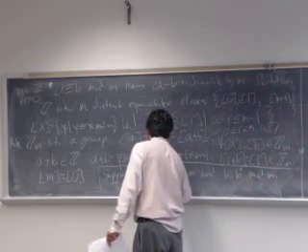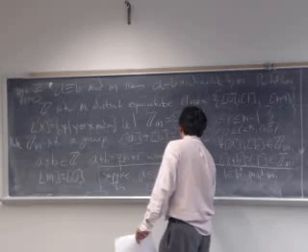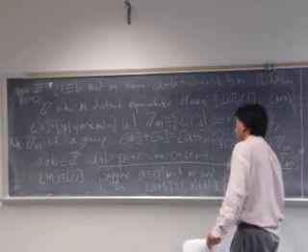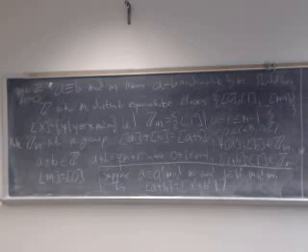So we'd have to see, is A plus B the same as A prime plus B prime? That's the well-definedness issue. We have to check that our addition is well-defined.